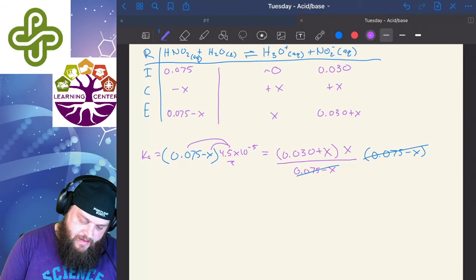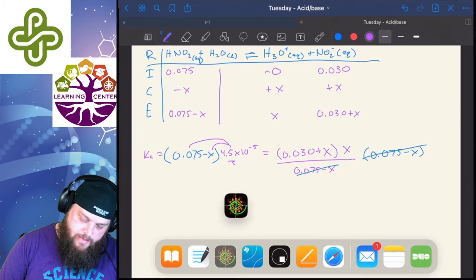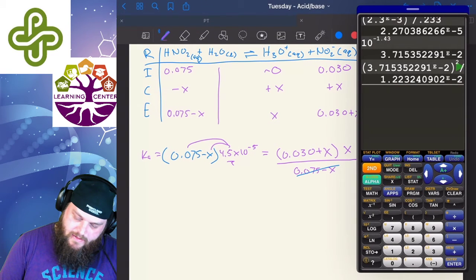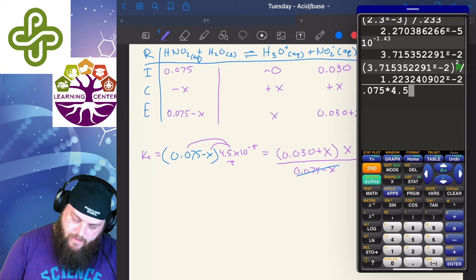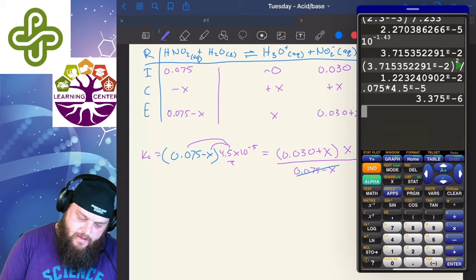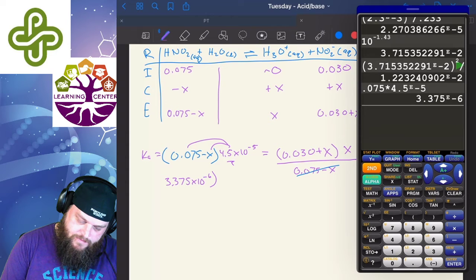So just writing that out, first I guess I should do that math. That's 0.075 times 4.5 e to the negative 5. So that's going to equal 3.375 times 10 to the negative 6 minus 4.5 times 10 to the negative 5 x.